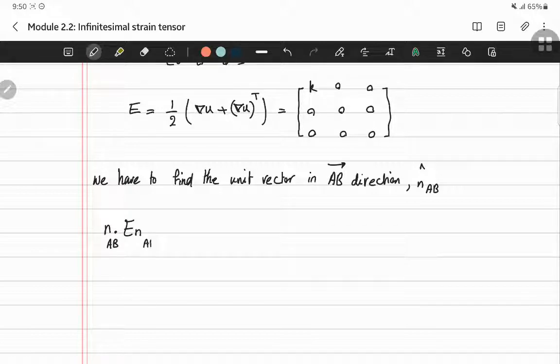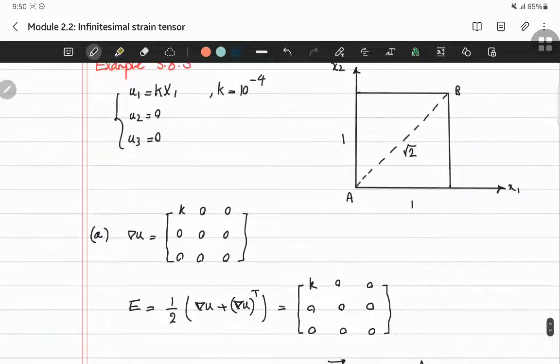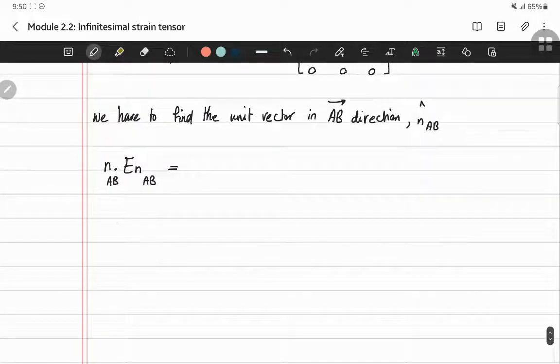This is N_AB. So N_AB is nothing but square root of 2 divided by 2, because it is 1 divided by square root of 2, so I just rewrite it as this.